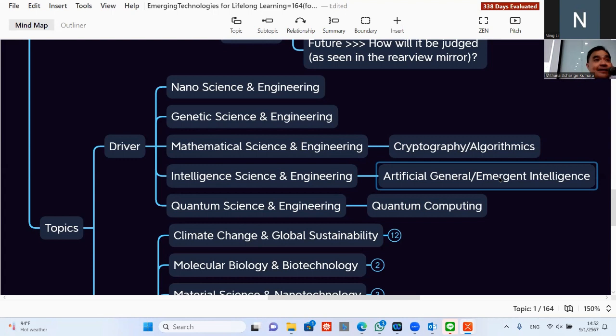And quantum science and engineering, okay, of course quantum computing is a big thing. But I just want to make a point here: you probably hear things like quantum computers are going to crack codes, but quantum computing was not, so to speak, invented to crack any encryption codes.